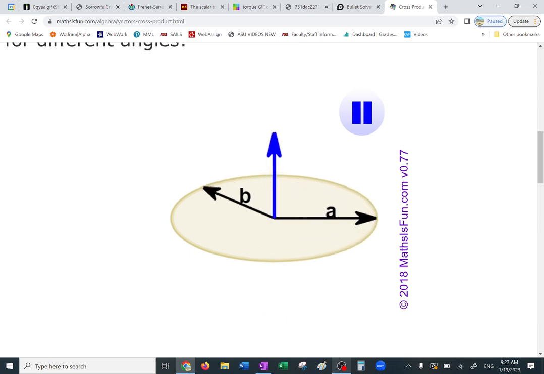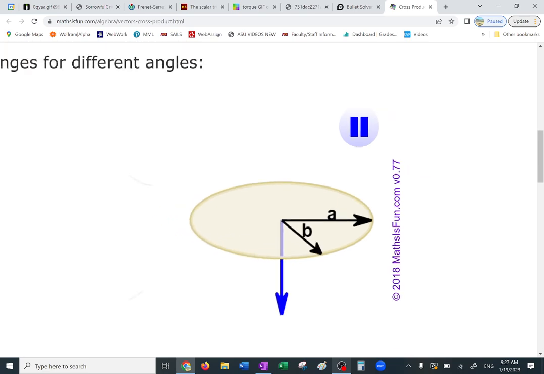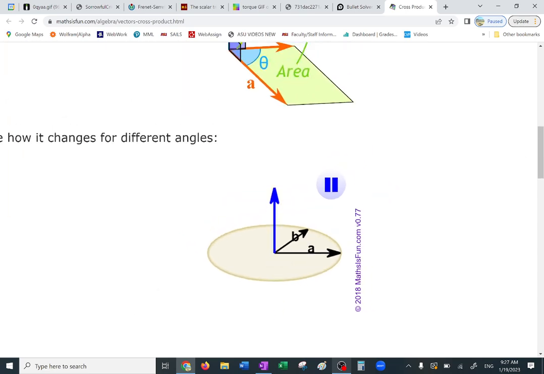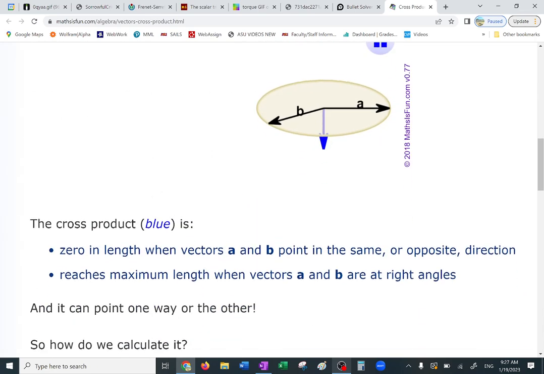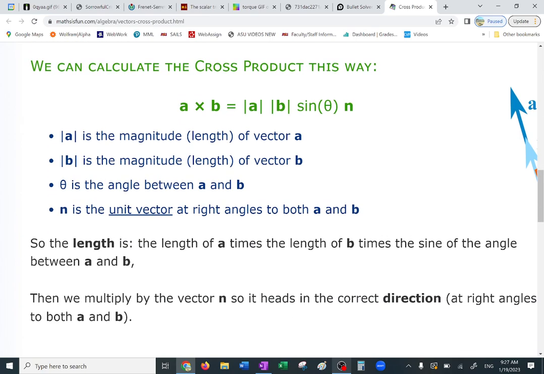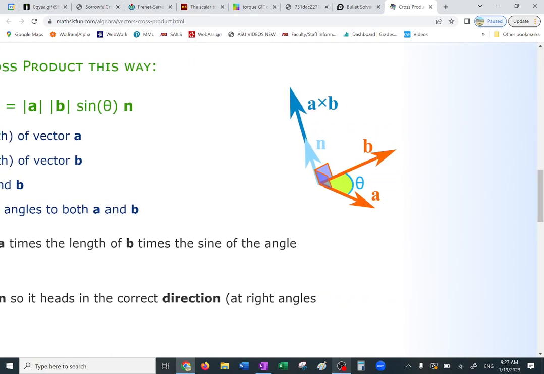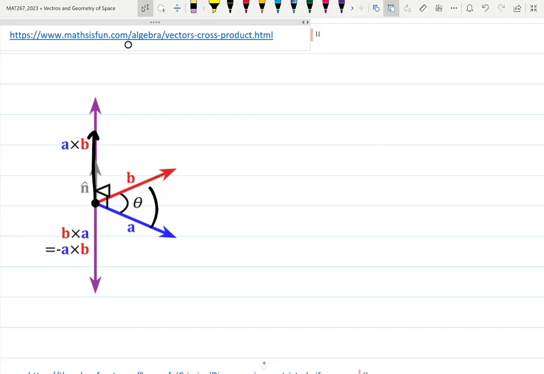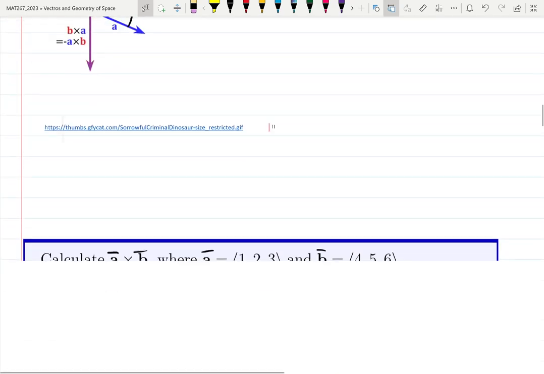You see, when they become parallel, it's 0, but when it's close to being parallel, it's also small in size. But when they become perpendicular, the cross product is huge. So basically, the question which I like so much: how perpendicular the vectors are. Very perpendicular, very not perpendicular, a little bit perpendicular. That's the cross product. It answers that kind of question. And these are the formulas, and we're going to learn right now how to calculate all of this. So, there's one more.